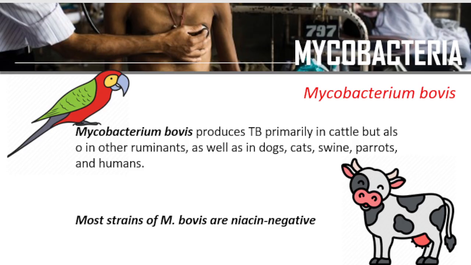Now, Mycobacterium bovis produces TB among cattle, other animals and other ruminants, as well as dogs, cats, swine, parrots, and even in humans. Most strains of Mycobacterium bovis are niacin negative. They do not reduce nitrate, and they do not grow in the presence of nitrate.